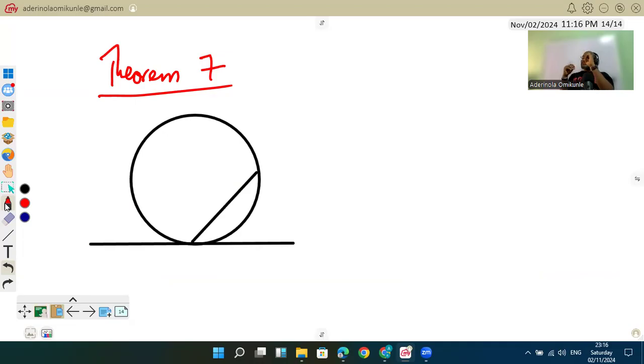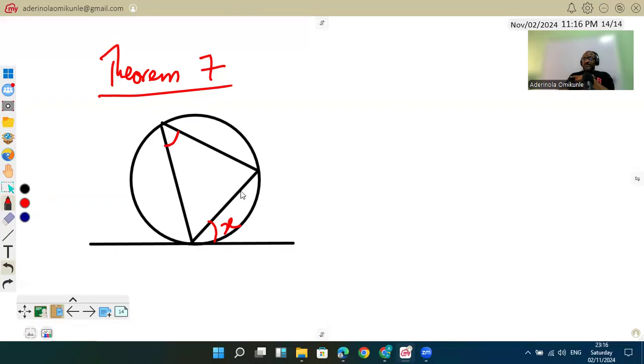Automatically, where two lines meet, an angle is formed. Let's call this angle x. Anywhere two lines meet, no matter how crooked those lines are, an angle is formed. Now, let's assume that that same chord now carries another angle at the body of the circle on the other side of the circle. So this same chord now carries an angle here.